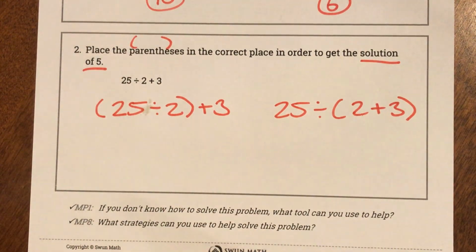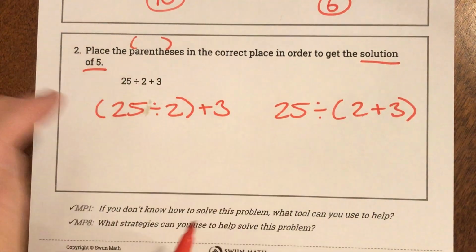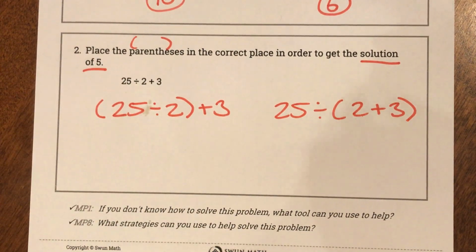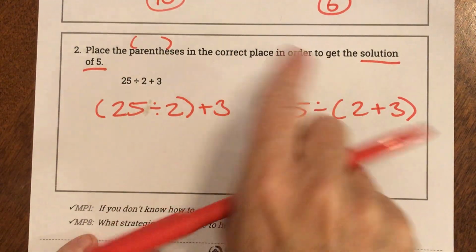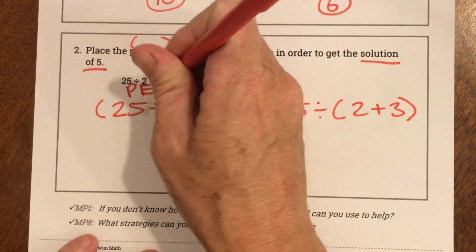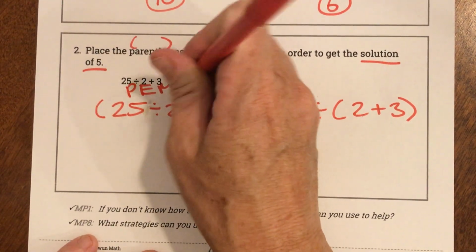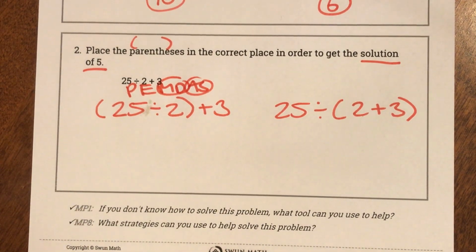So, because parentheses have to be around almost their own little expression, those were really my only two options. Okay, so let's solve them and see which one gives me a solution of 5. So what do I always do? I write PEMDAS as my checkoff list, and I do one step at a time.